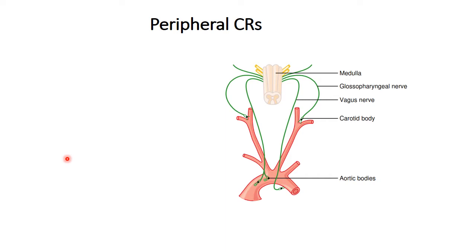Okay, so the location, let's get this out of the way first. Unlike central chemoreceptors, they are called peripheral chemoreceptors, and so they need to be present peripherally. So this is where they are. They are at the bifurcation of the carotid arteries. Right here in the middle, you will get a bunch. We call them the carotid body, and then you will find them tucked underneath the arch of aorta, and these are called the aortic body.